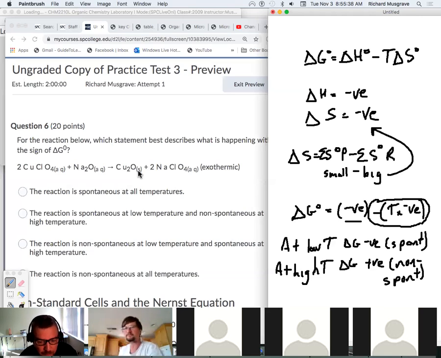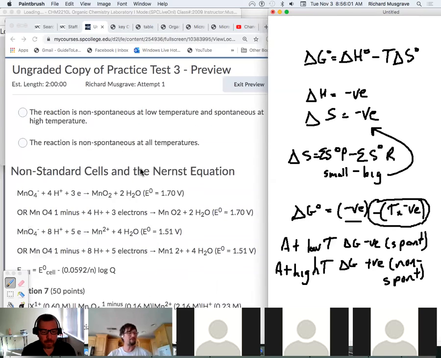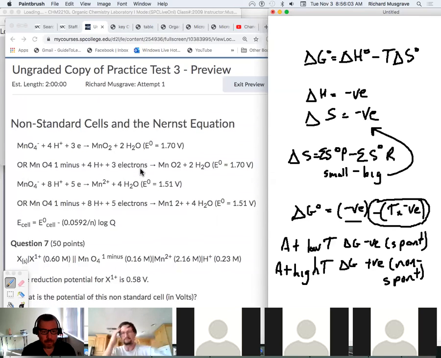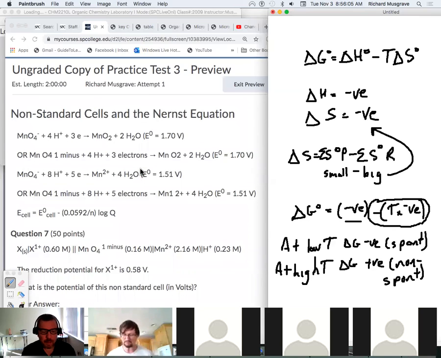So if they're both positive, yes. At low temperature, delta G would be positive and non-spontaneous. At high temperature, delta G would be negative and spontaneous. That's correct. All right, any other questions? Okay.